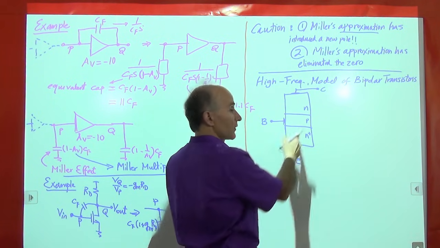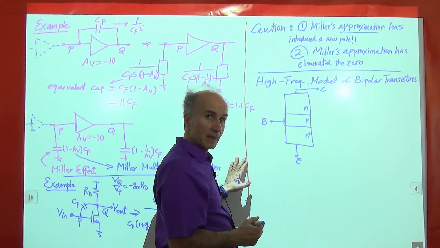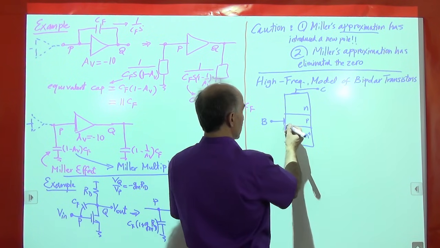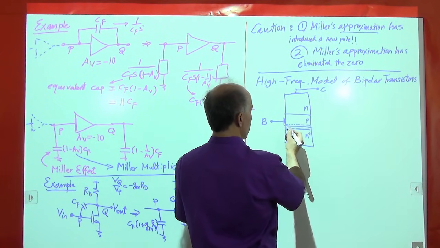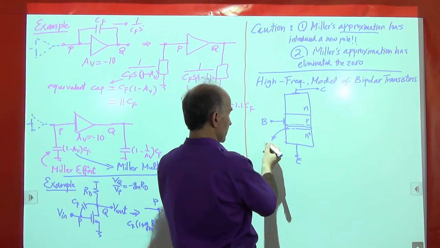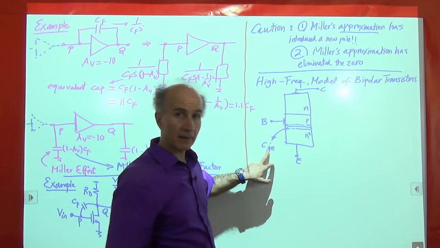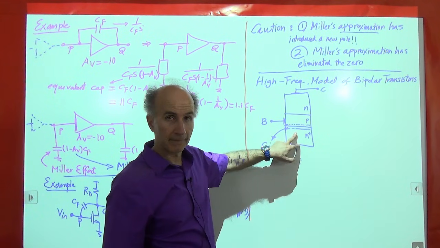So here we have a PN junction. And remember, the PN junction has a capacitance associated with it because there's a depletion region. So there's a depletion region here. And that gives us a junction capacitance. We'll call it CJE, the junction capacitance associated with the base emitter junction.